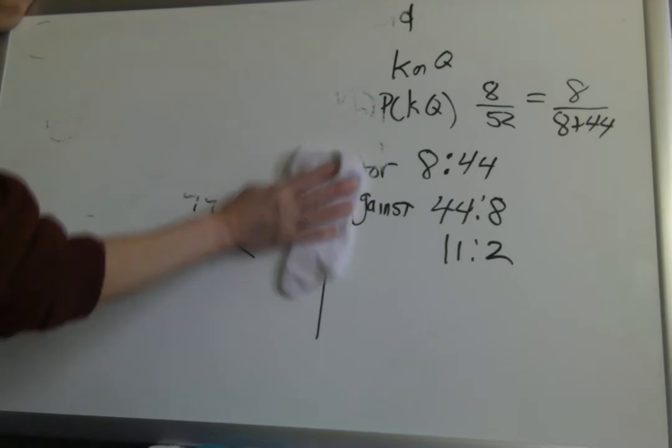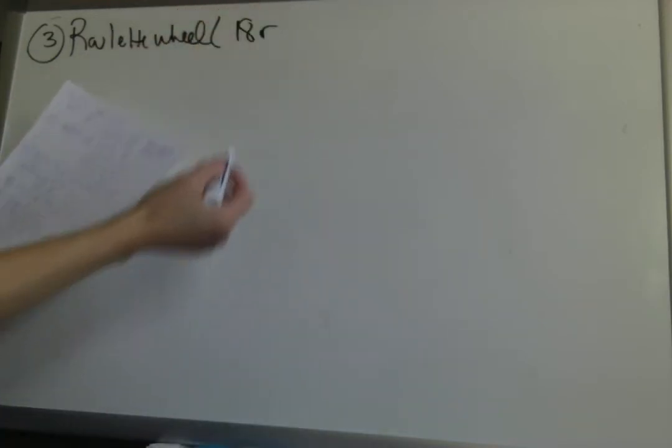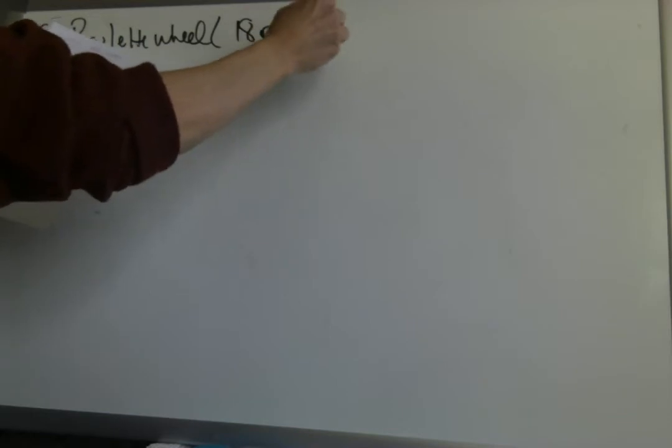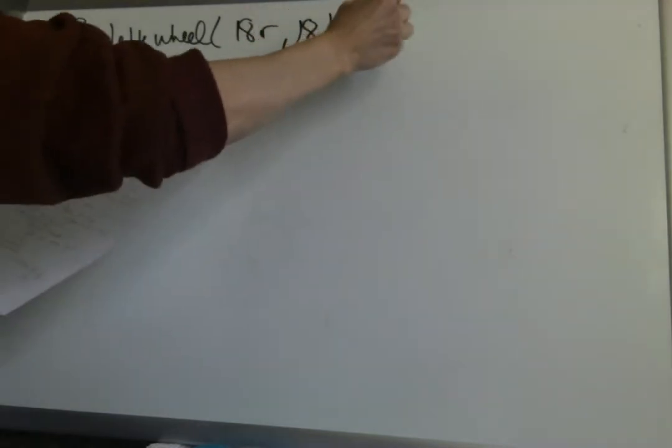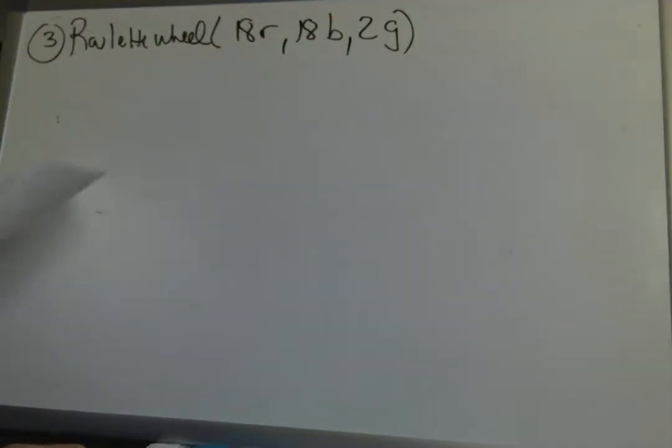Luckily, they usually tell you what is in a roulette wheel, so you don't have to go Google that. All right, a roulette wheel. There are 18 red slots, 18 black slots, and they put 2 extra green slots in there. So I guess we have a total of 38 spots on the wheel, right?